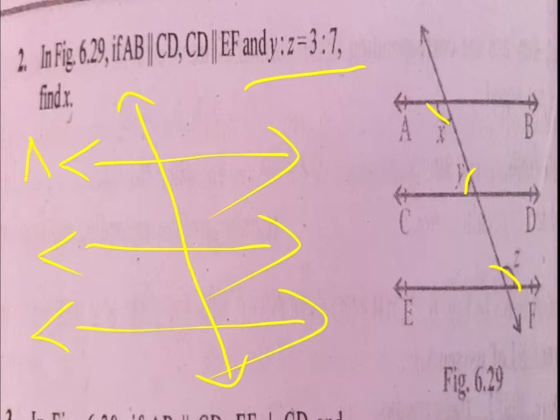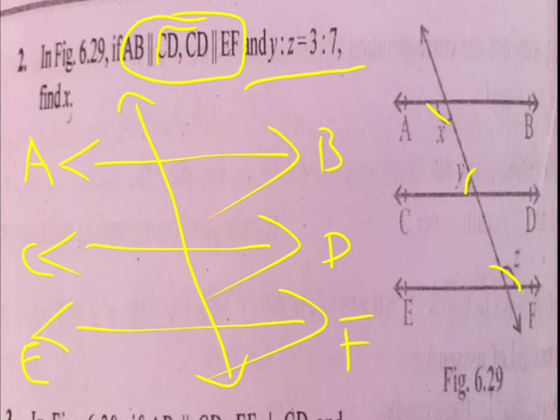And it is given that AB line is parallel to CD, CD line is parallel to EF, right? So here in these two relationships, the term CD is a common term, right? So this CD line is parallel to AB also, and this is parallel to EF also.